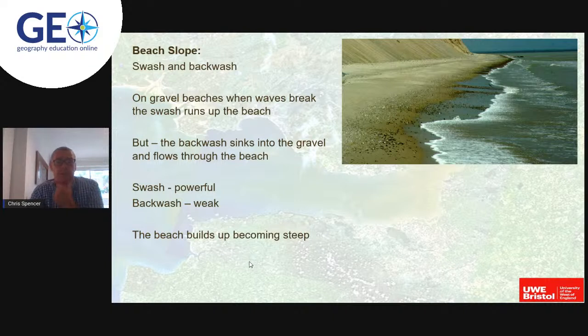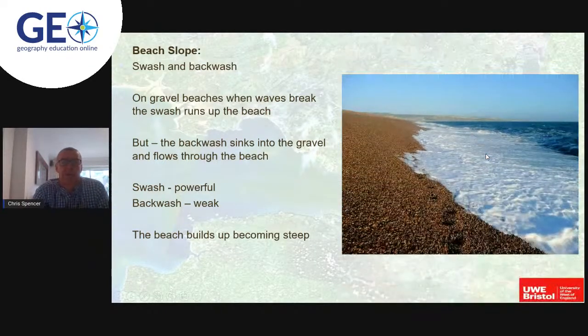So if we think about a gravel beach, we have our swash, the wave breaking and running up the beach. We have our backwash, the wave moving back down with gravity back out into the sea. And on a gravel beach, when waves break, the swash runs up the beach. You may have been on a gravel beach and seen exactly this happen.